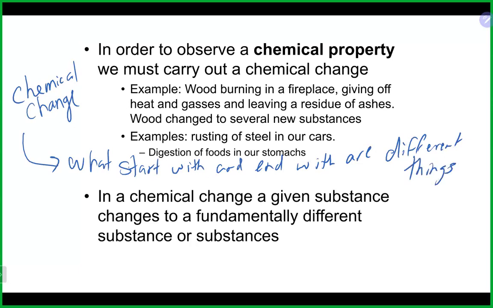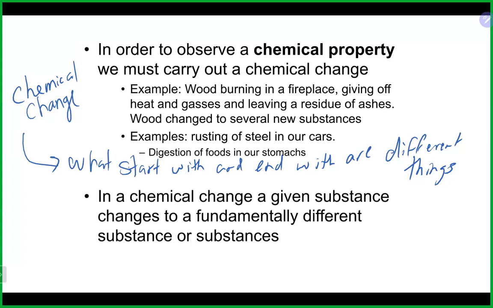So what is a chemical property of a substance? A lot of people look at a chemical property as that substance's ability to go through a chemical change, basically a chemical reaction, or even its ability to resist a chemical change or chemical reaction. Most chemical changes are referred to as chemical reactions.